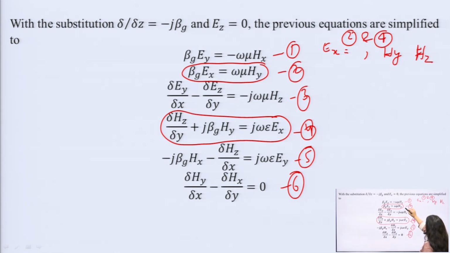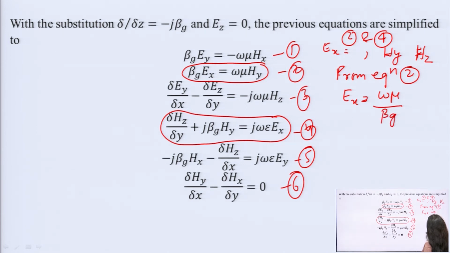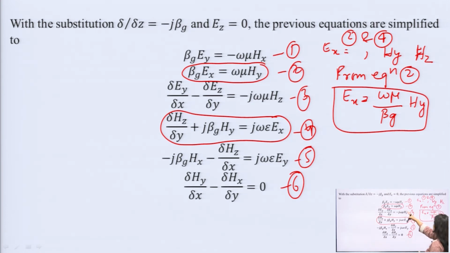Now from equation 2, what do we have? Ex is equal to omega mu upon beta g Hy. Are you able to get this? Now substitute this expression of Ex into equation 4.